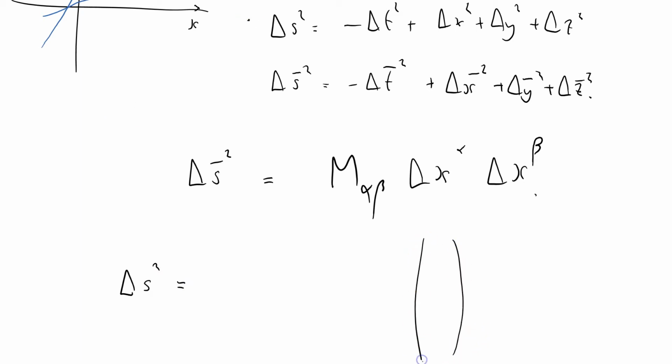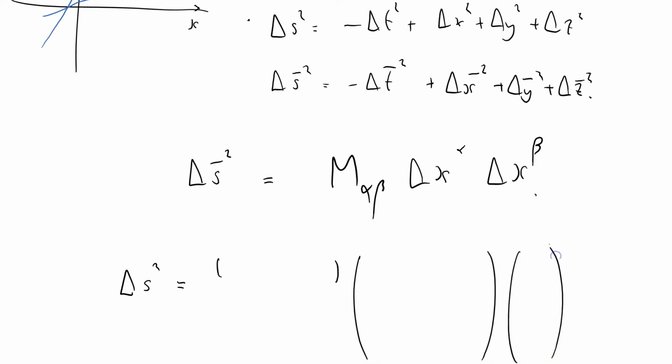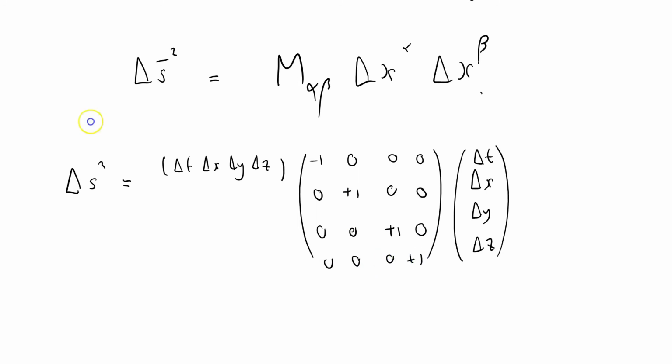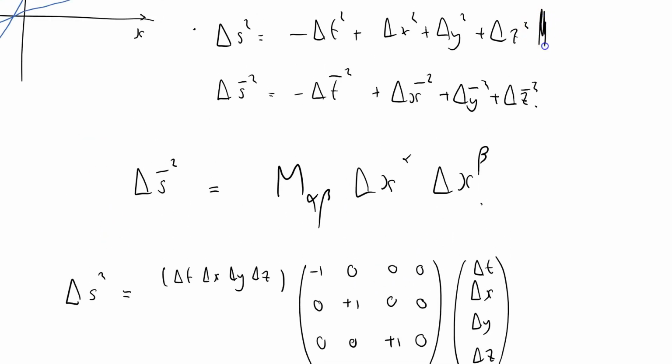So I'm going to write delta t, delta x, delta y, delta z, and I'm writing it out like a quadratic form, with the matrix minus 1, 0, 0, 0, then plus 1, 0, 0, then plus 1, 0, then plus 1 on the diagonal. So all I've done is take this formula and rewrite it in nice, clean, clear matrix notation.